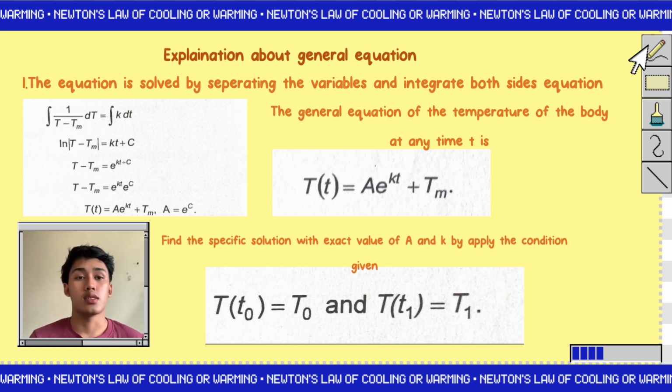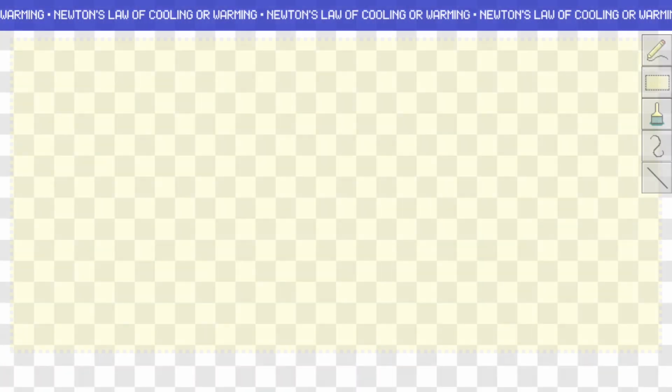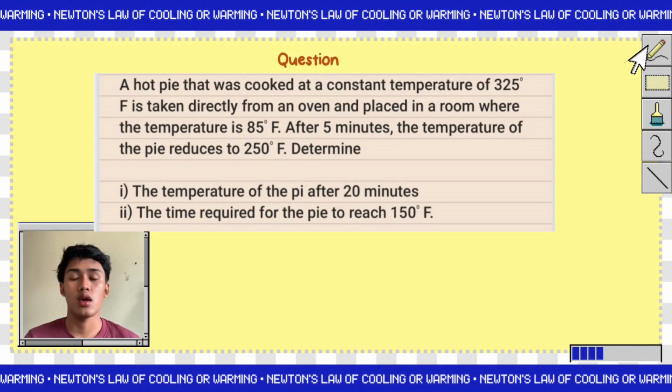Then the general equation of the temperature of the body at any time is T = Ae^(kt) + Tm. At the last, find the specific solution with the values of A and k by applying the given conditions, which are T(0) = T0 and T(1) = T1. Okay, next we move to the question.